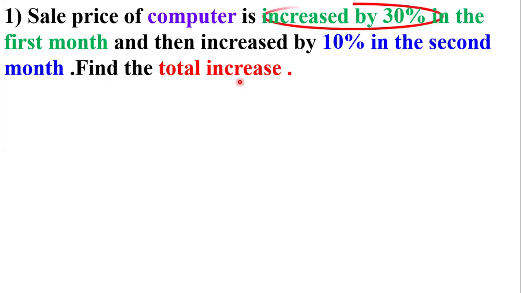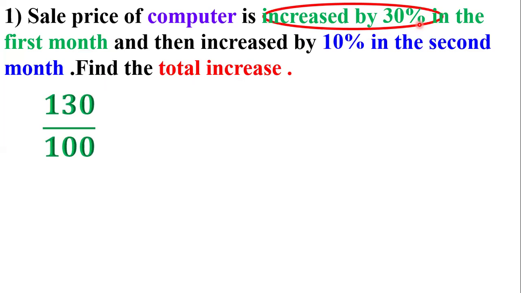So let's identify the keywords. Increased by 30% means the percentage was 100, now increased by 30, therefore it will be 130%.